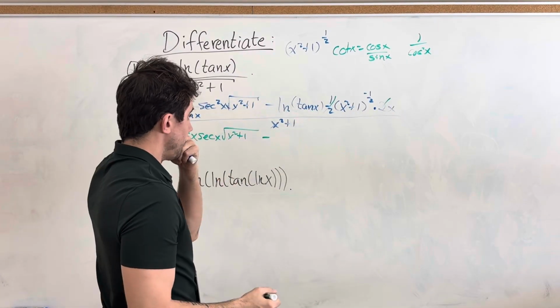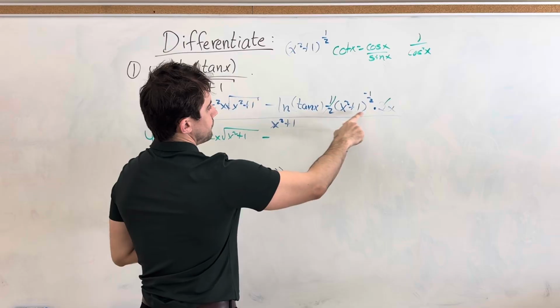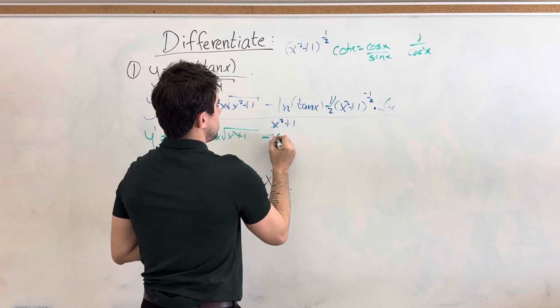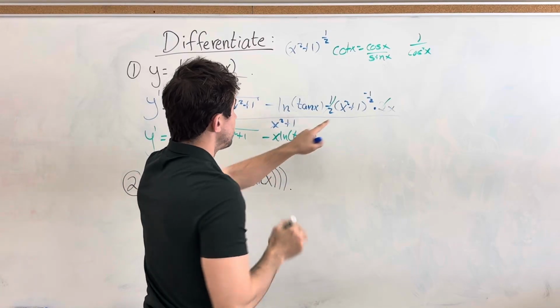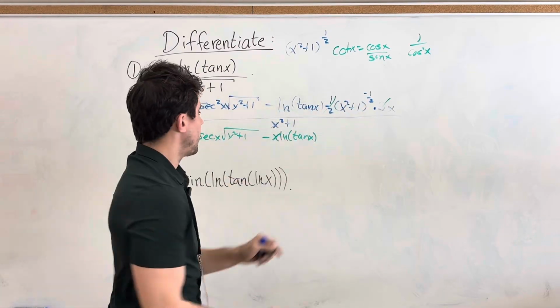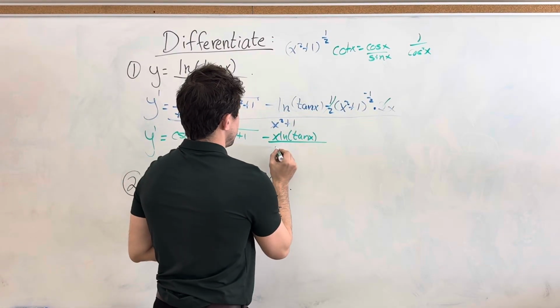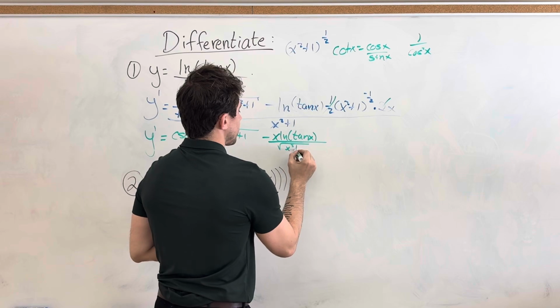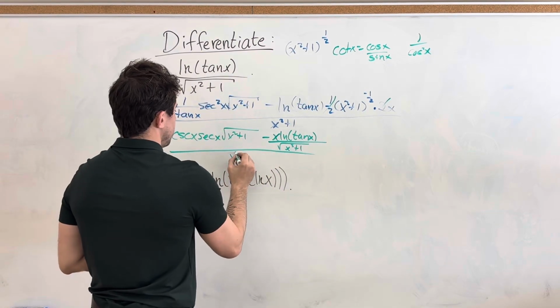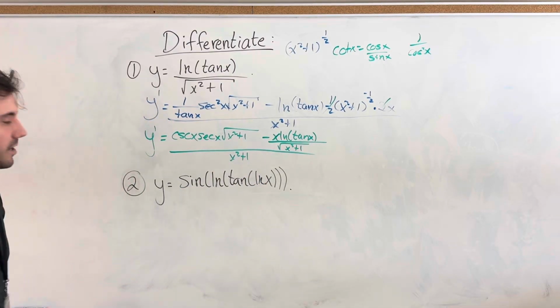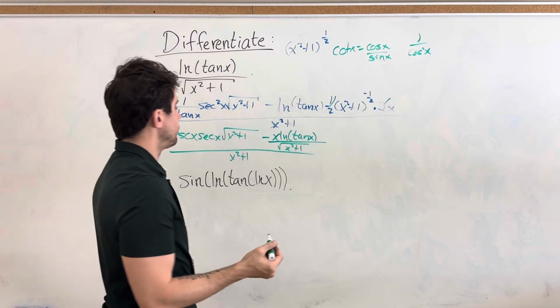And so we could simplify this down to x ln of tan x. And since we have x squared plus 1 to the negative 1/2, that means that this term itself is over the square root of x squared plus 1, and the entire numerator is still all sharing that common denominator of x squared plus 1, right?